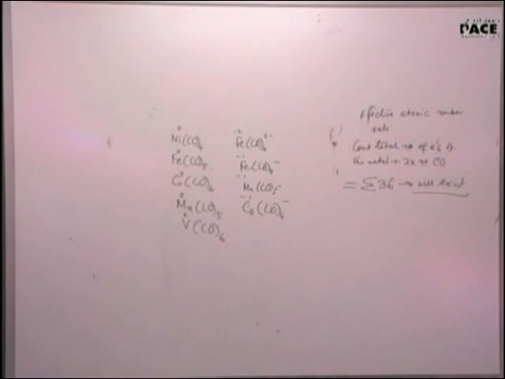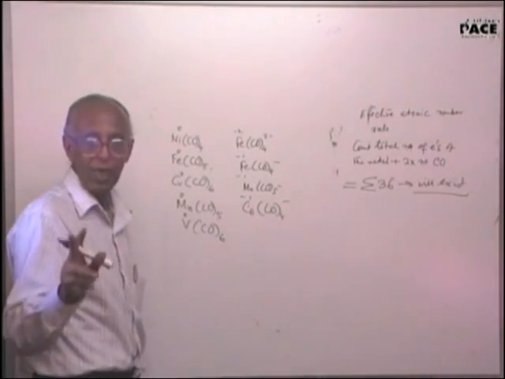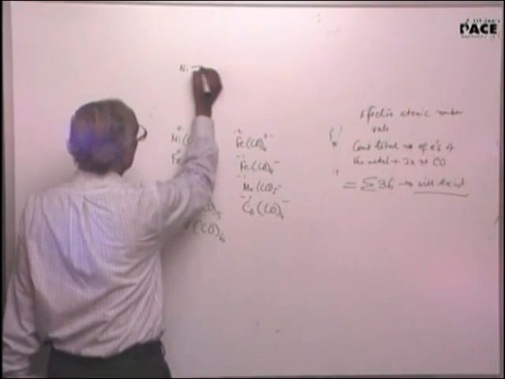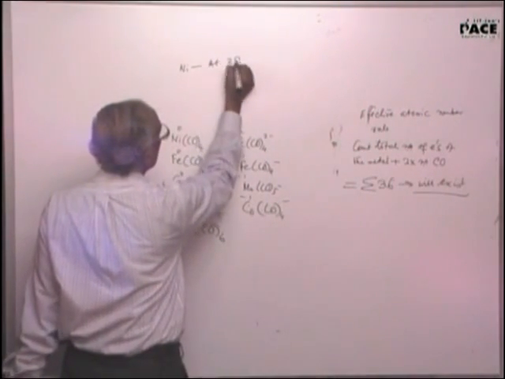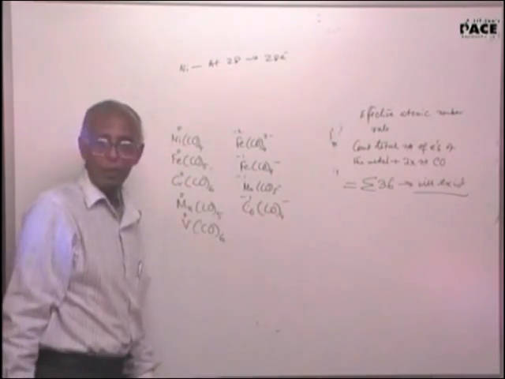Now, tell me which one will exist, which one will not exist. I will do the first two. Nickel, atomic number 28. That means 28 electrons are there because atoms are neutral.